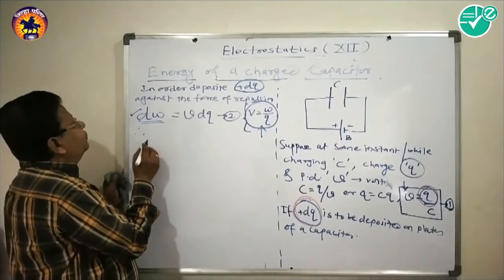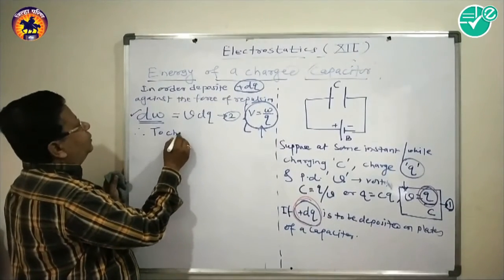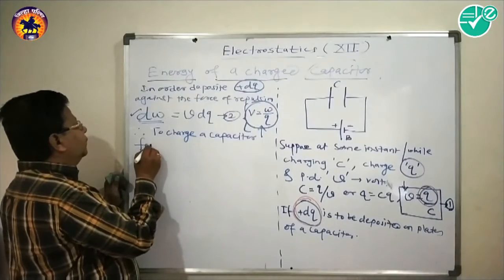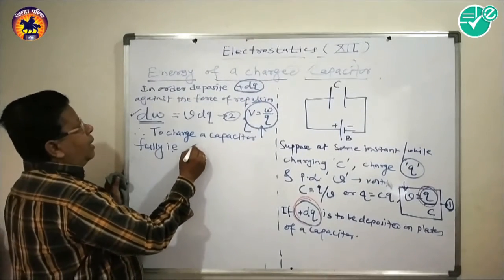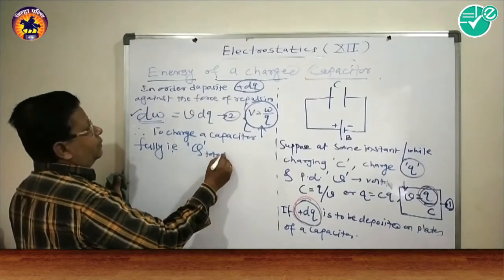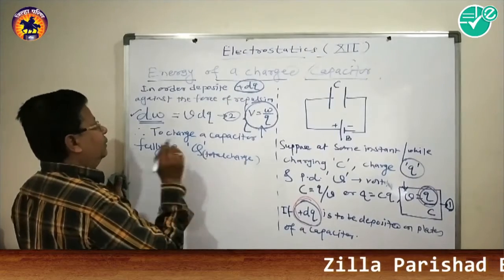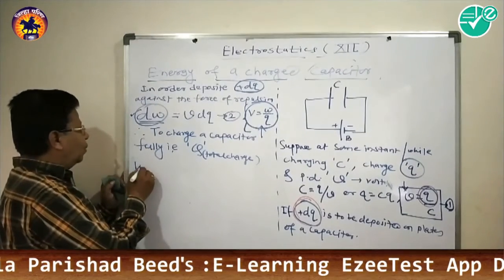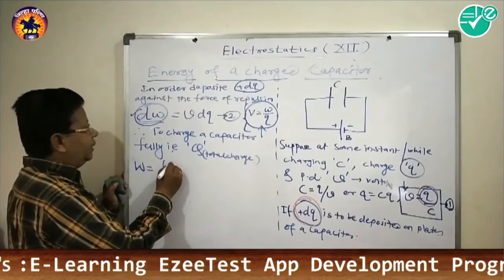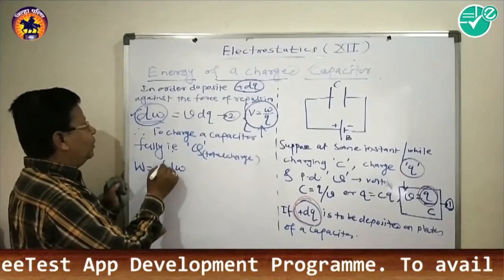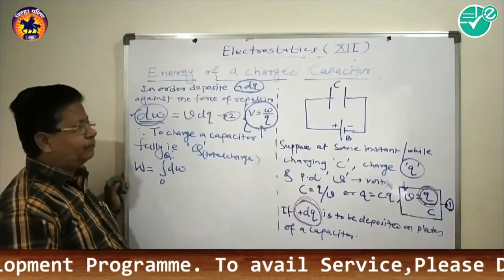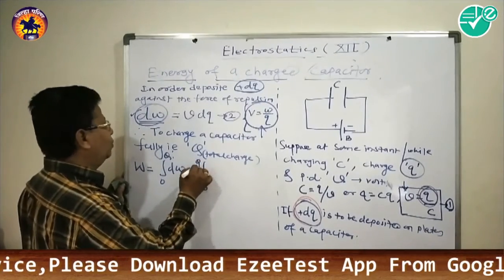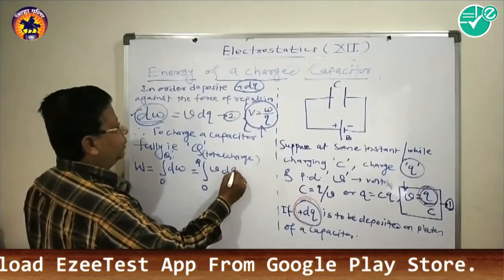And therefore, to charge a capacitor fully, that is, capital Q is the total charge on the plates of the capacitor, the total work done W is equal to integration dW with limits from 0 to capital Q. And therefore, the integration of dW is equal to integration from 0 to capital Q of V into dQ.